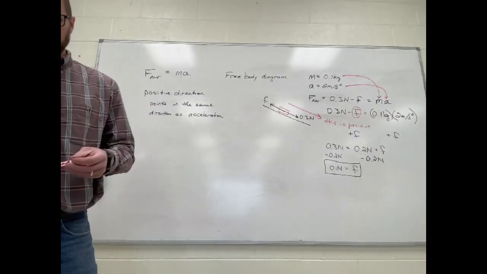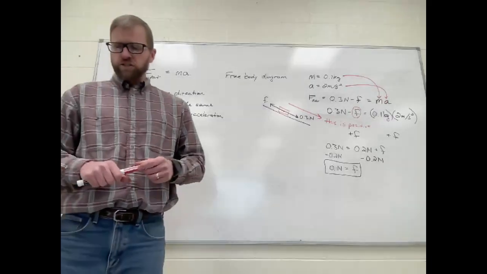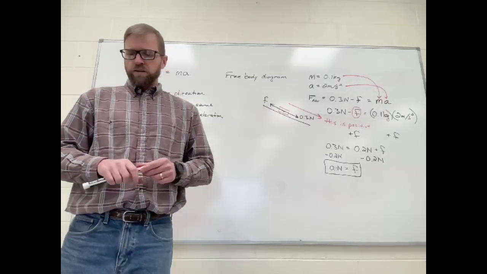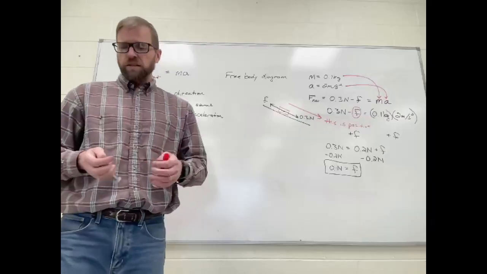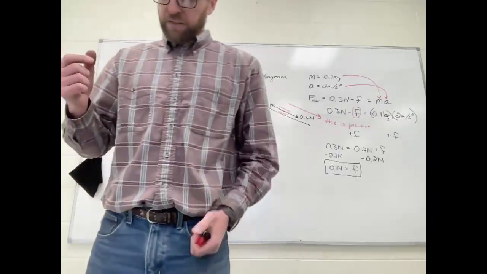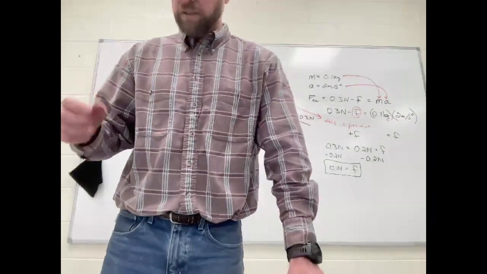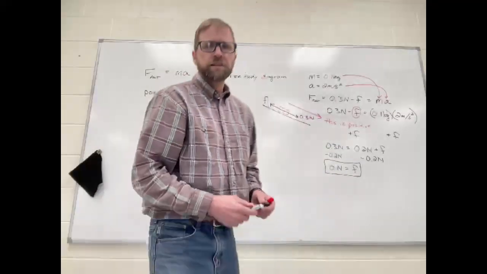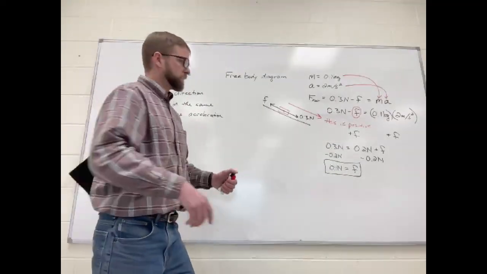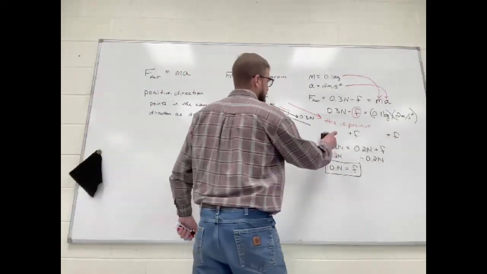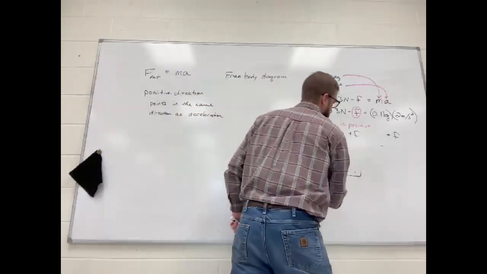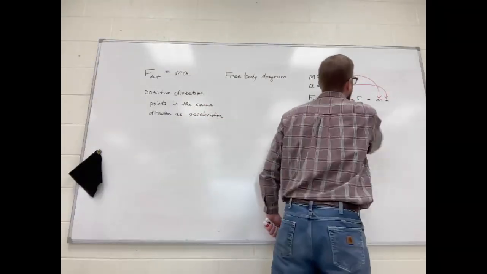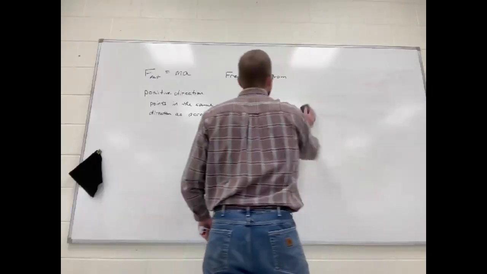The horizontal drag on a 1,000 kilogram plane is 2,000 newtons. What horizontal force from the propellers is needed to accelerate the plane at 3.5 meters per second squared? Okay, let's take a quick look at this next one, which is the plane. The plane has a drag force acting on it.